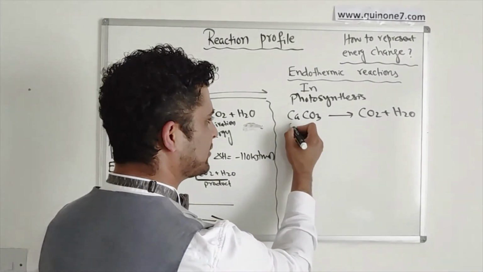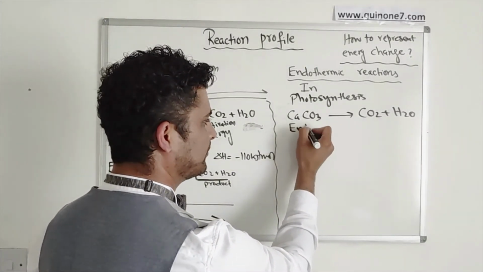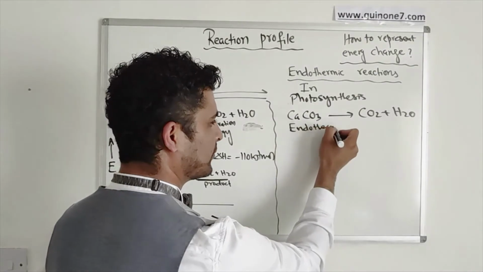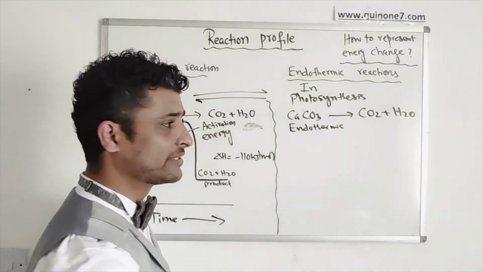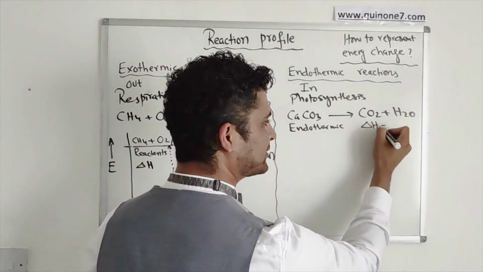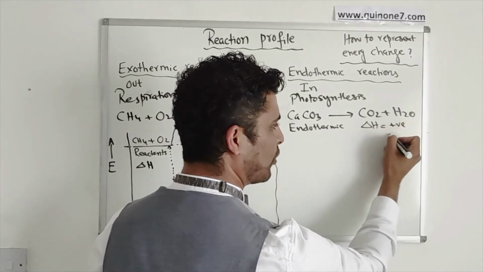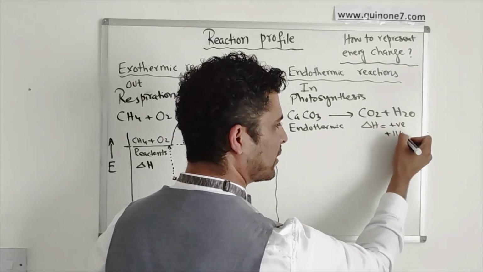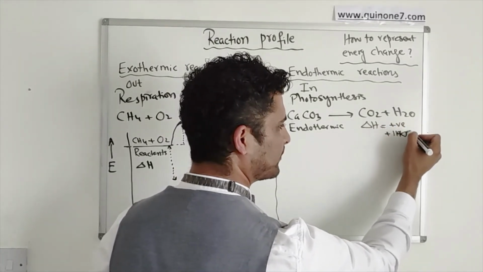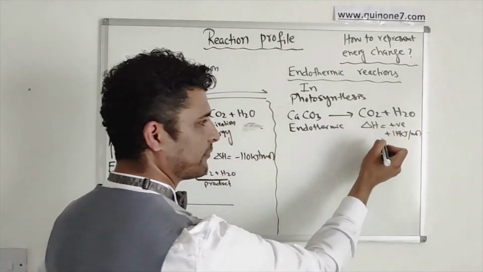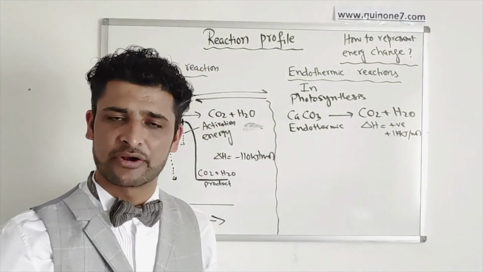If they say this is an endothermic reaction, fine. If they don't say that, they will give you a positive delta H value. So both ways you can predict this is an endothermic reaction.